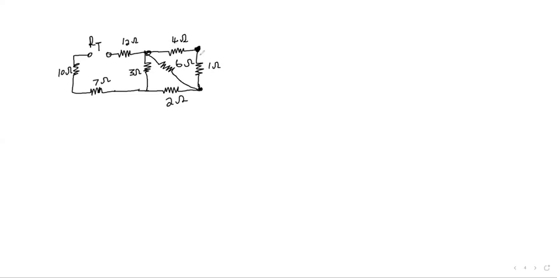So let me start with 4 ohm and 1 ohm before I go to the 6 ohm. I don't know how the 6 ohm is connected. I'll need to figure it out after getting the R series of 4 ohm and 1 ohm. RS1 is equal to 4 plus 1, which is equal to 5 ohm.